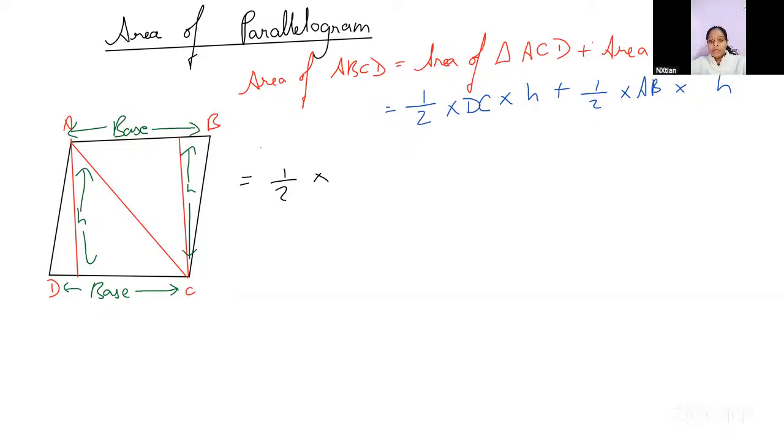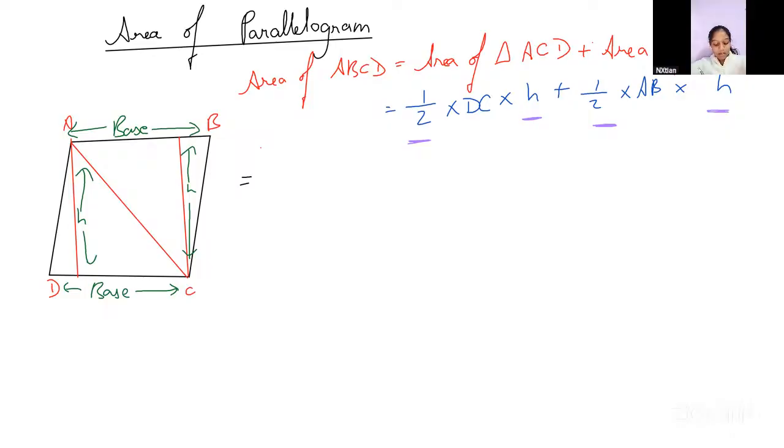I don't want you to copy anything right now, I just want you to watch. If you check what I've written in blue, 1 by 2 is common here also, and H is common. But DC and AB are two bases that are different.